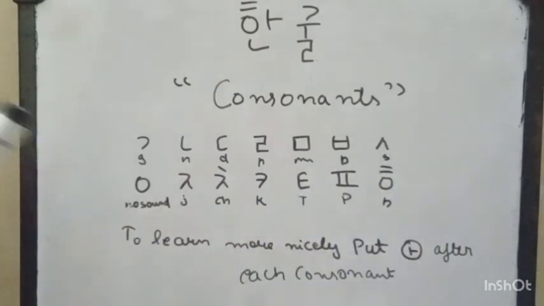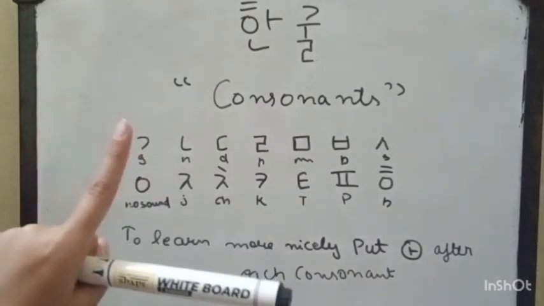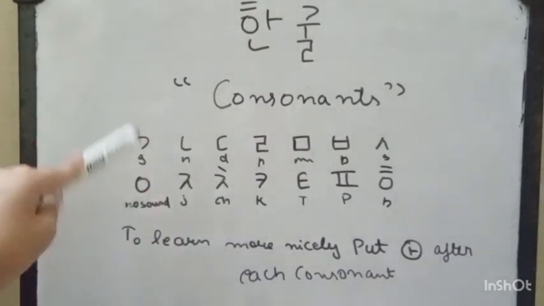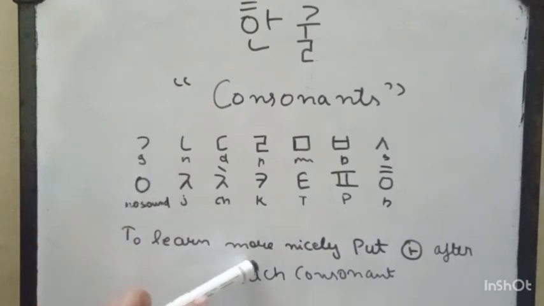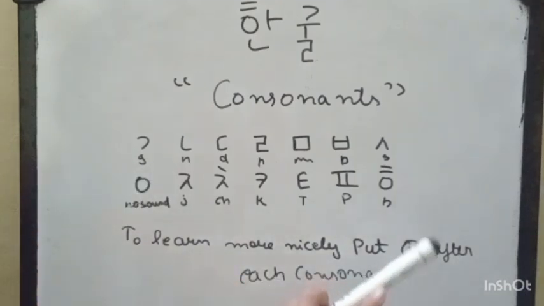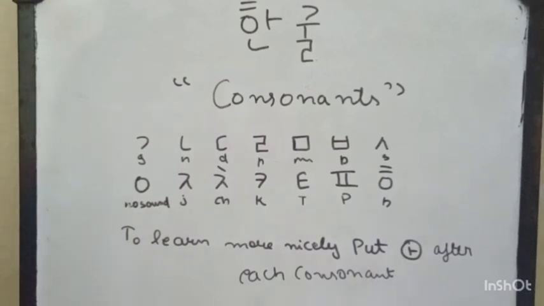And if you are still facing a bit of difficulty, I have one trick for you that I told you about: we will learn this by a simple trick, which is to put a. This is pronounced as a.